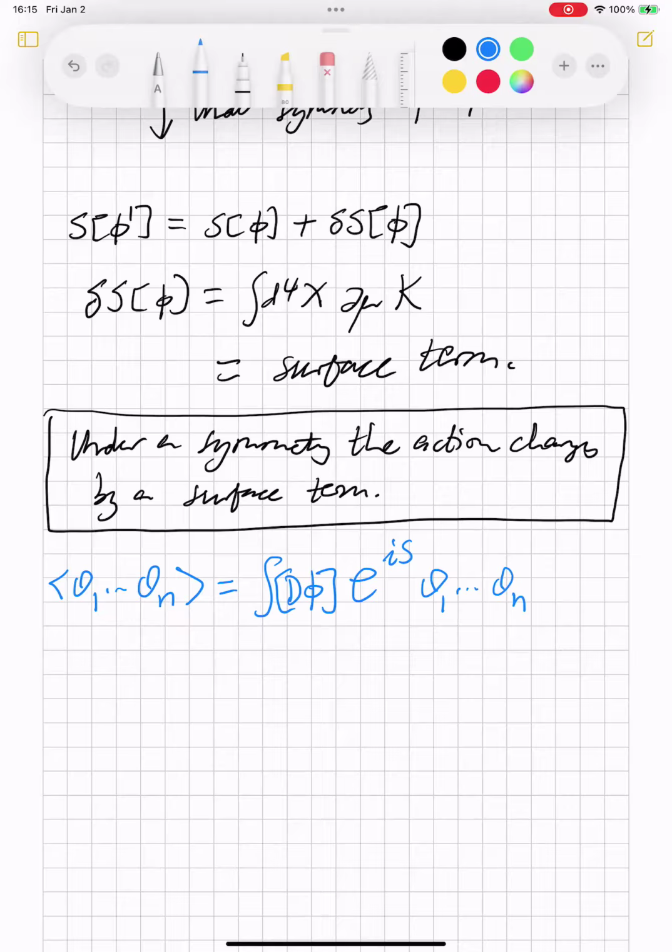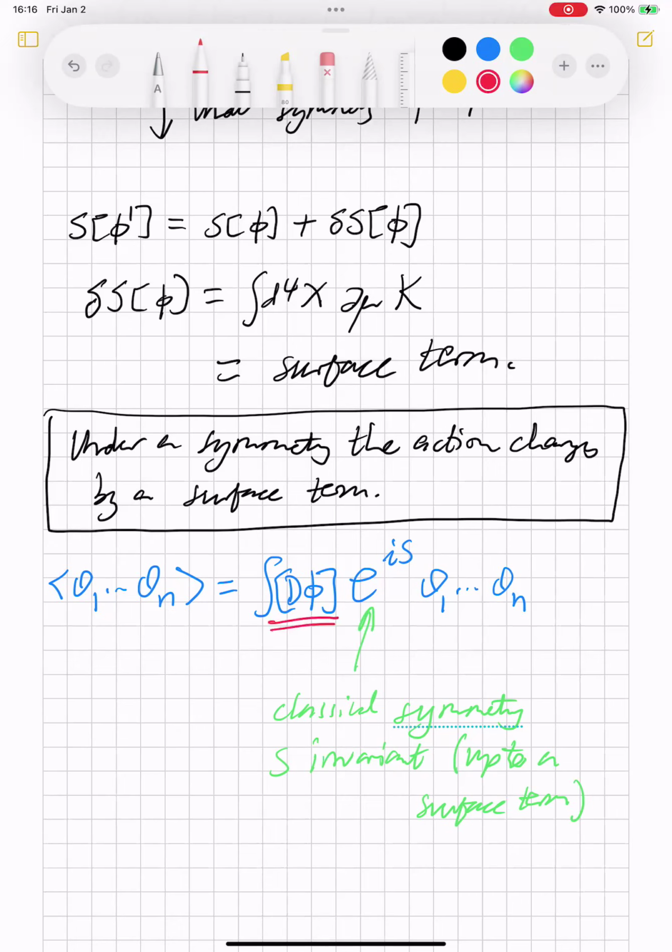Now, what do you know if you've got a classical symmetry? A classical symmetry will guarantee you S is invariant. And of course, we're now being more sophisticated. We say up to a surface term, which we neglect anyway. We always neglect the surface terms. So we know this e to the iS is invariant. What we don't know is if the measure d phi is invariant or not.